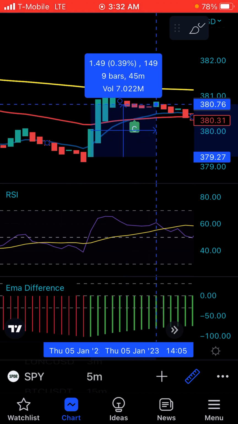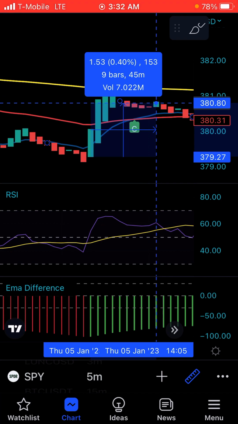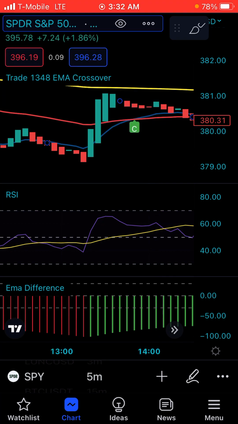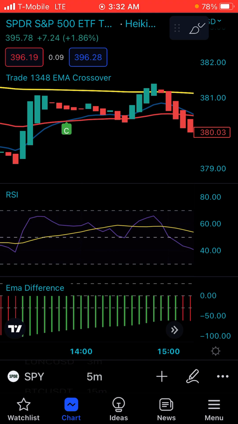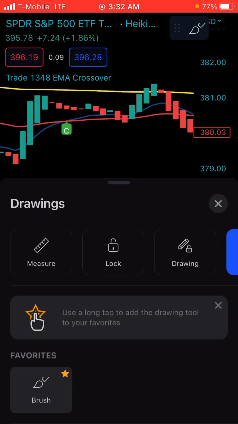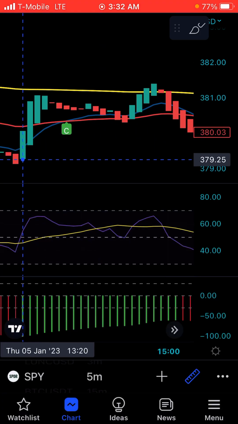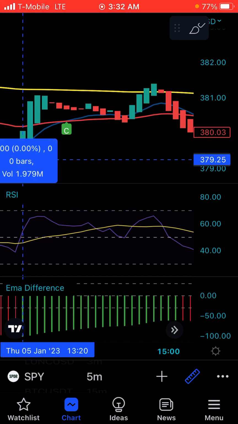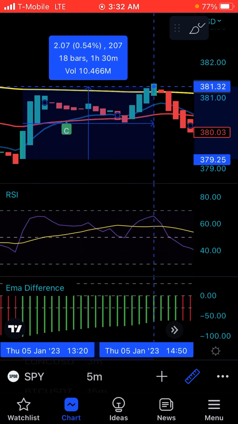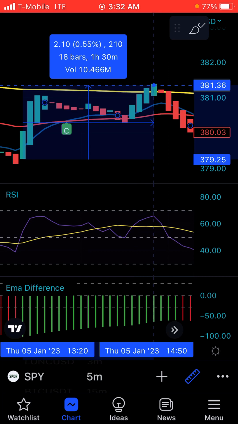And that is about a $1.53 difference in price. It'll catch the brief times when it crosses, but it doesn't last long. It catches that pretty good too, like this here. You could get there, and that's a $2 difference in price.